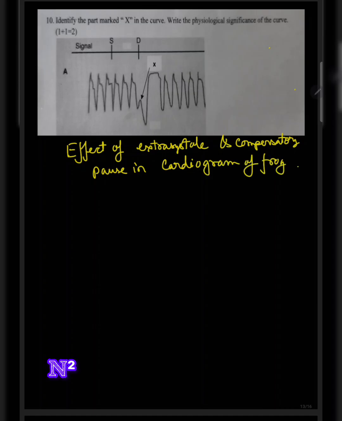Okay, so by this time you know what is a normal cardiogram, having a diastole then a systolic phase. Okay, so this is the normal cardiogram.